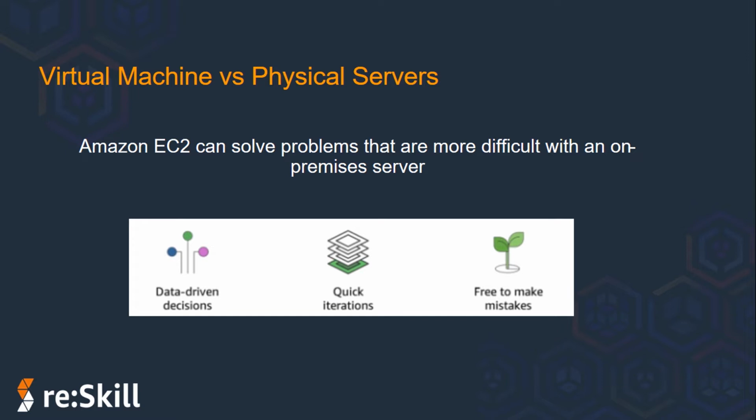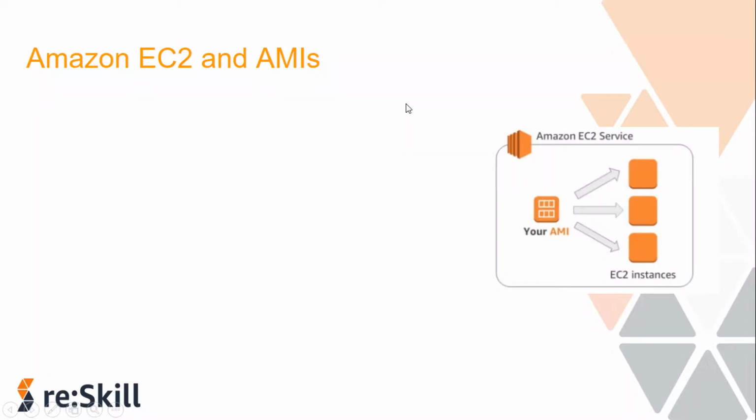This resets the way you approach change management, testing, reliability, and capacity planning. So with all of these things, you get high flexibility and a lot of benefits on the cloud, especially when you are using virtual machines in comparison to physical servers.